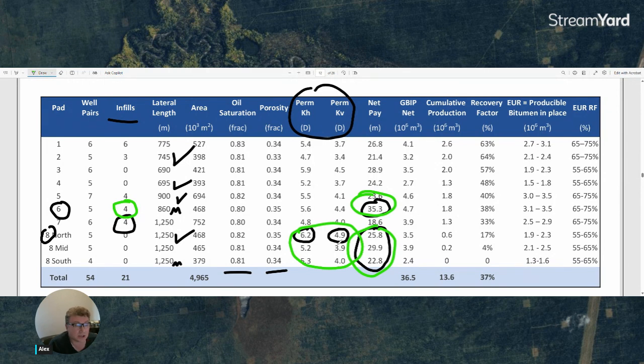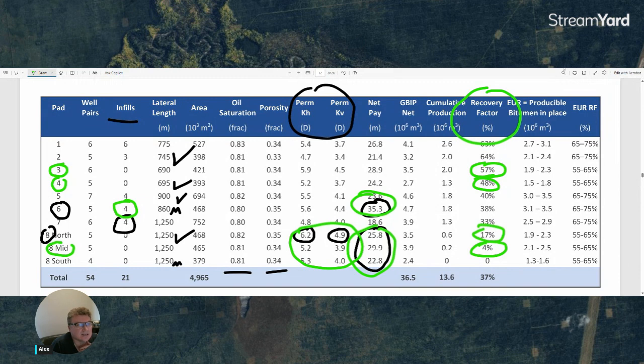And by the way, if you're not sure about what's new and what's old, all you have to do is look at the recovery factor and say, hey, mid pad 8 only recovered 4% of the production, but pad 4 recovered 48%, and pad 3 recovered 57%, and north of pad 8 recovered only 17%.